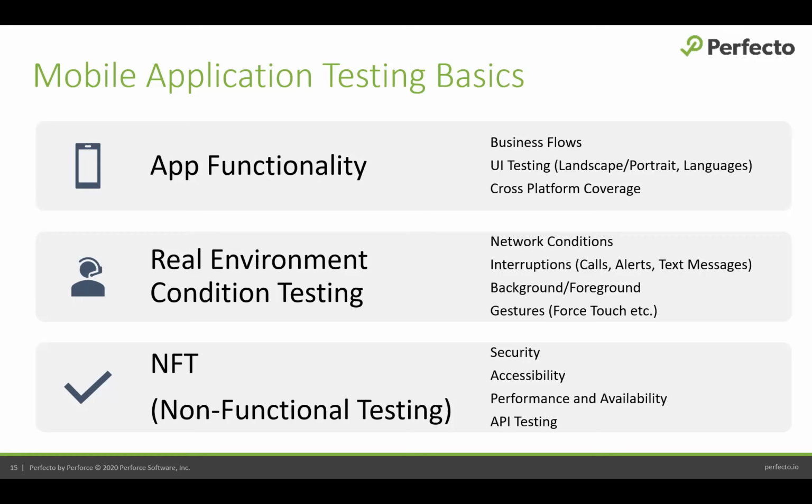The third layer is something that, unfortunately, and I don't know, Ajay, if you in the community are hearing more, unfortunately, testers are neglecting or leaving to the end these non-functional testing elements for mobile, which includes security and accessibility and performance. API testing is kind of a weird domain because it's in many cases done by developers, and it can be done earlier, but it depends on the breadth and depth of the API testing.